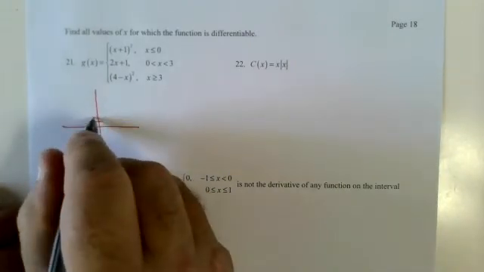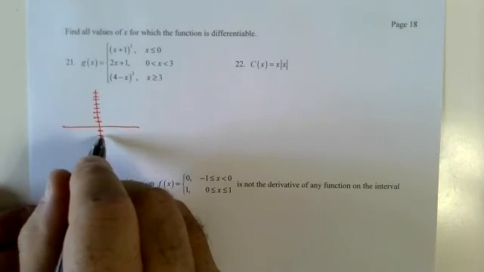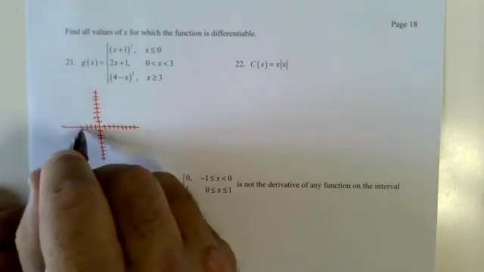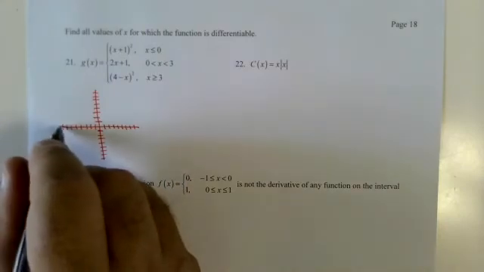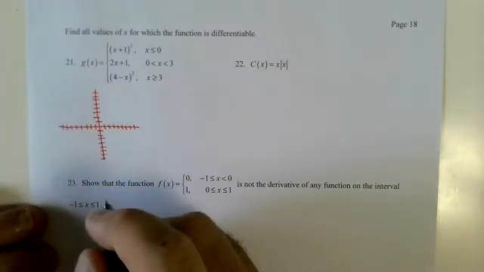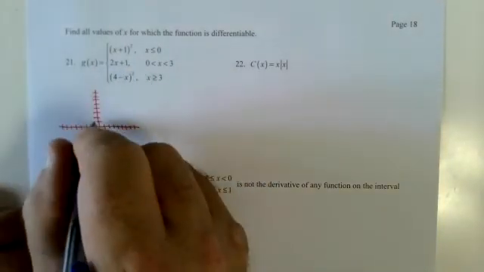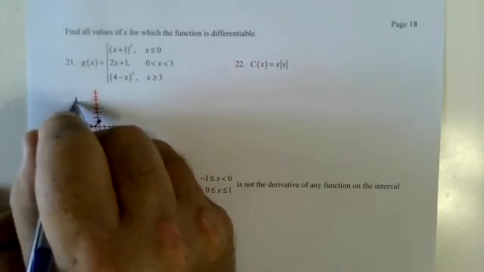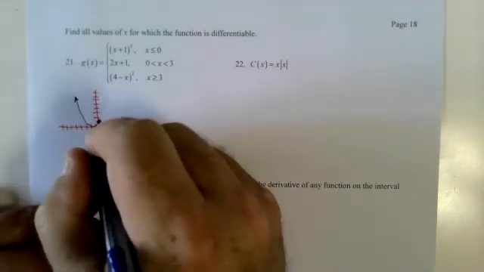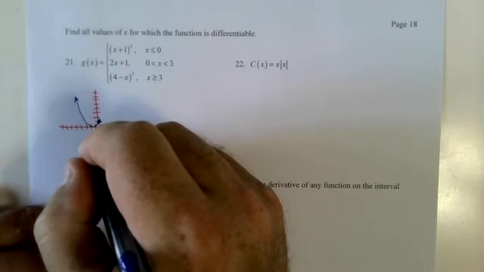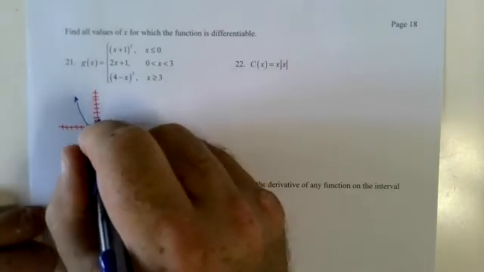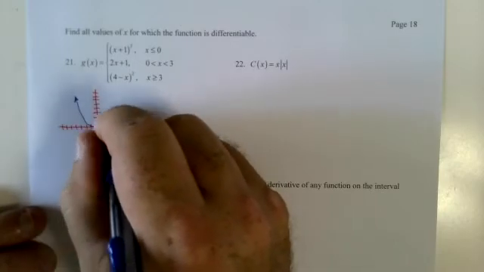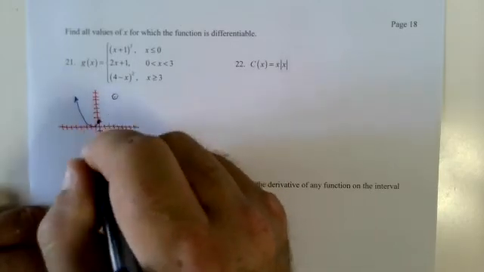So x plus 1 squared with the dot, and then 2x plus 1, and it's open and open.